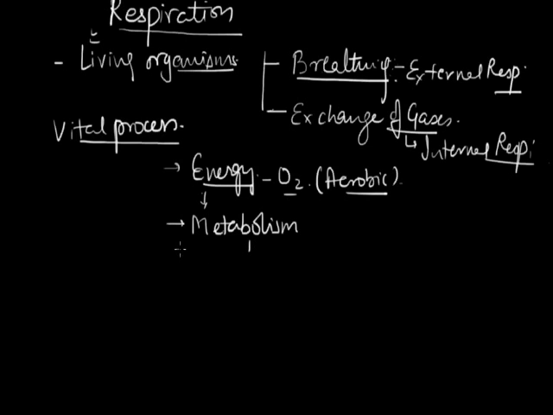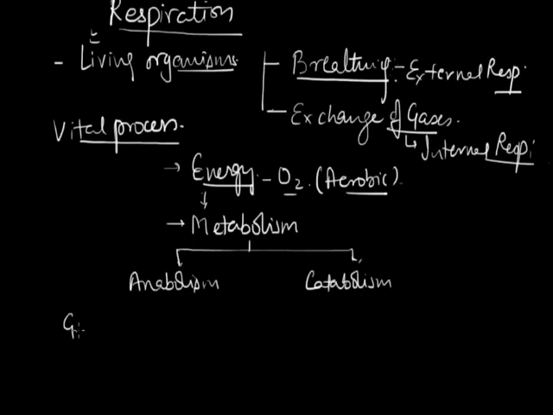Metabolism can be further divided into two categories. One is anabolism, which is a constructive process, and another is catabolism, which is a destructive process. Anabolism includes the process in which complex cellular compounds are synthesized from simpler compounds.